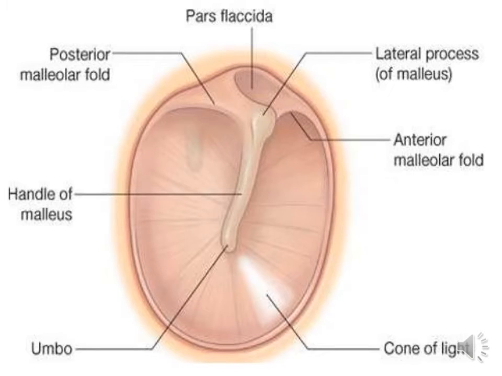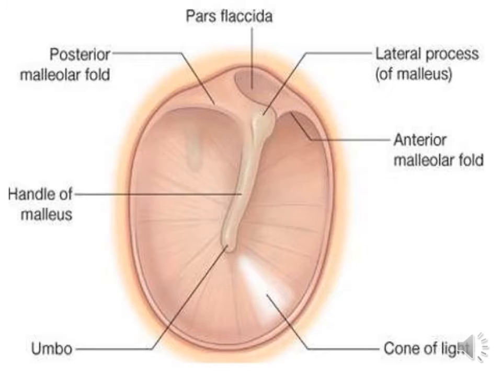Now we start with the features of the tympanic membrane from top to bottom. At the top is the depression called pars flaccida, and below it there is an elevation called the lateral process of the malleus, the insertion or origin of the malleus.